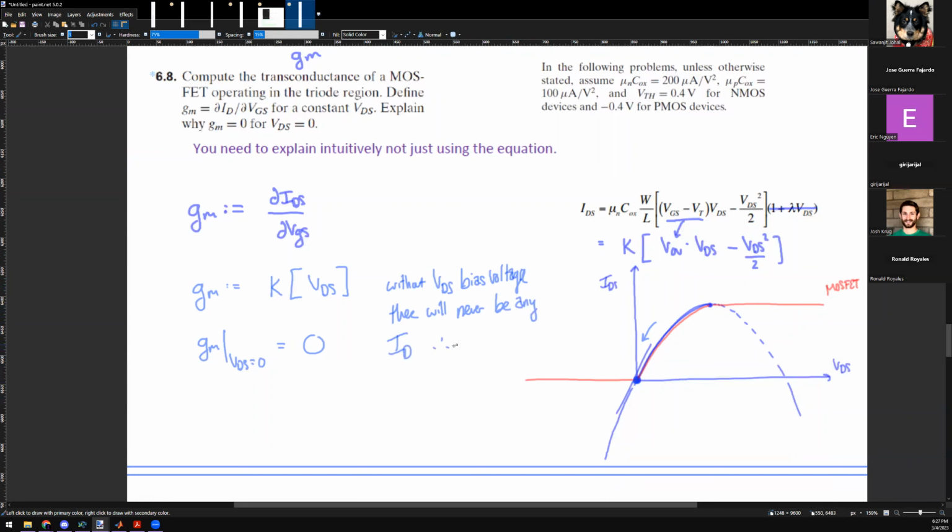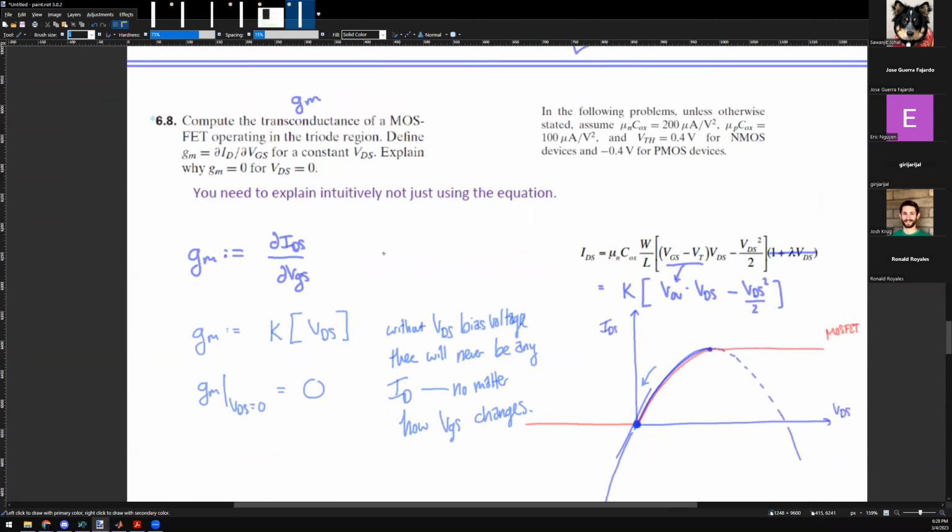Therefore, no matter how VGS changes, there will never be any ID. Does that make sense? It makes a lot of sense. You're good. Okay, yeah, sorry.